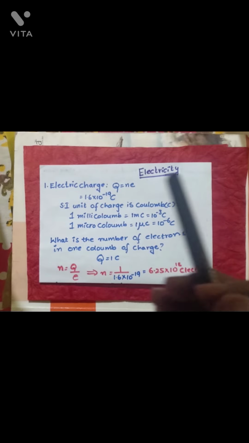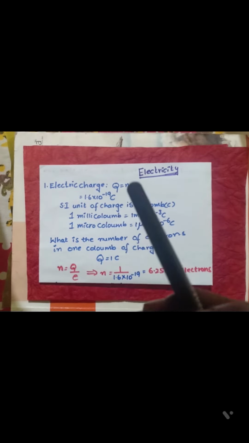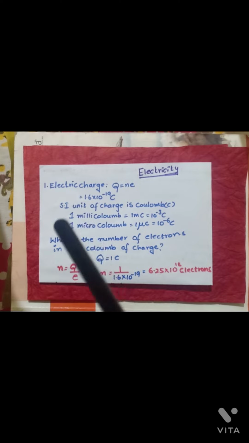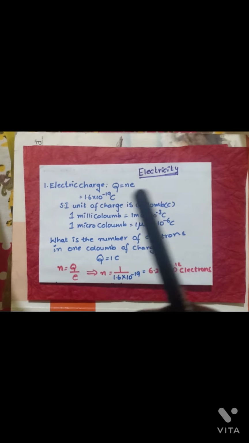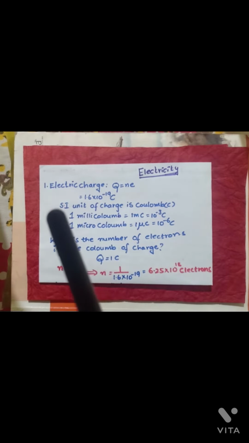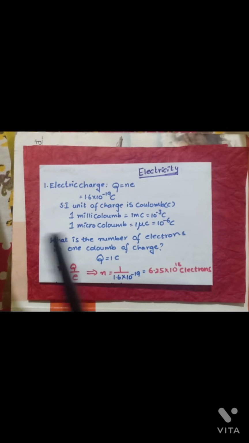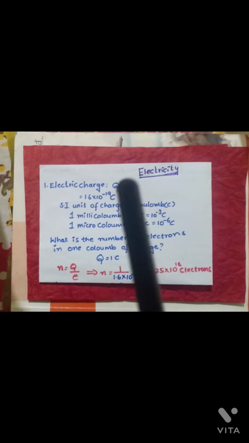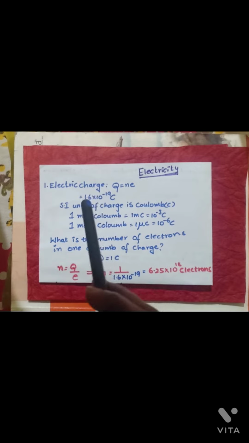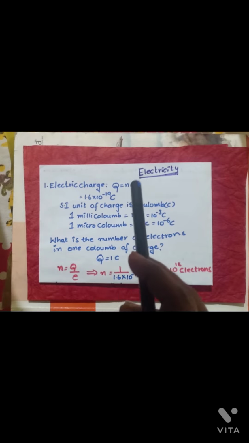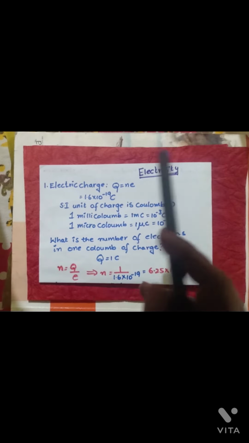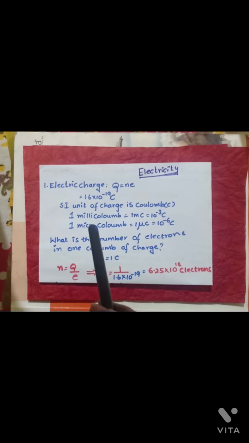So the electron is moving, and we are worried about the electron. Whatever the current topic you are going to study, it will be related totally to the electron flow, charge flow. So that is the reason we have taken net charge equal to a multiple of the magnitude of the electron.